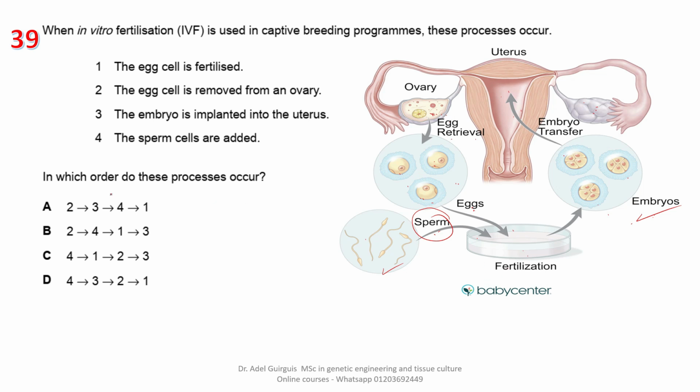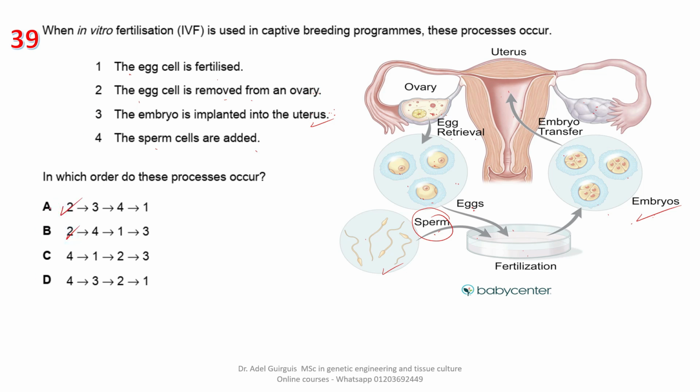Okay, so number 1, the egg cell is fertilized, number 2, the egg cell is removed from the ovary, number 3, the embryo is implanted. I think this is the last one, number 3. The sperm cells are added according to the figure. Firstly, the egg cell is removed from the ovary. Yes, so we start with number 2.